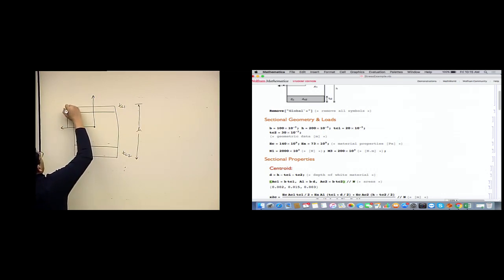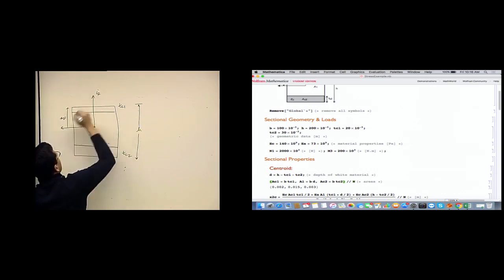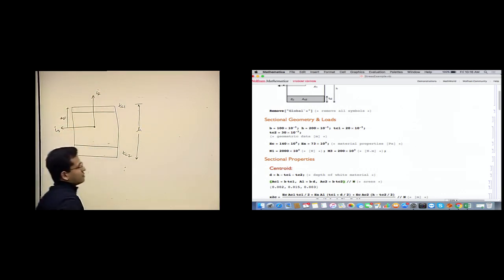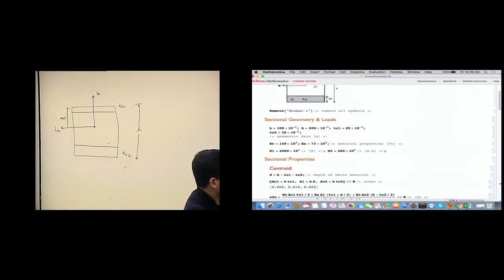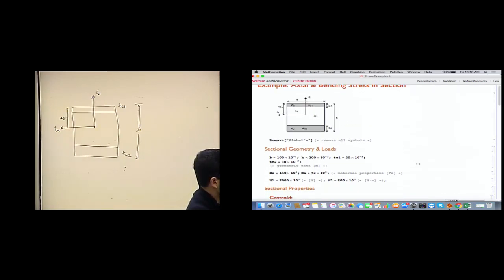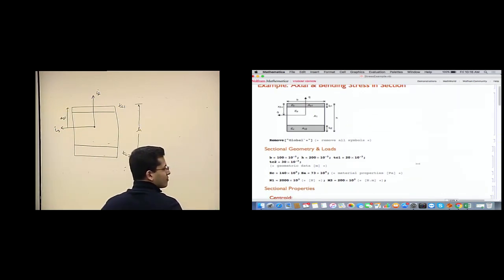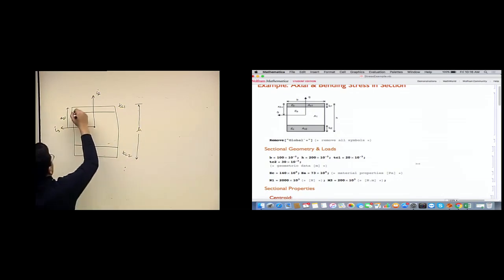The distance from the centroid to the top surface is x2c. The Young's modulus for this is EC. Then this material is EA and EC.